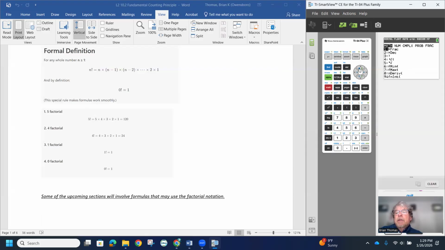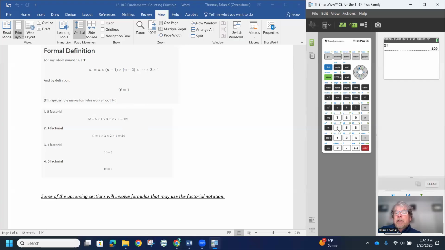So hit the math button, use my directional pad, count over to the probability. Notice how I've got that highlighted now. Now if I drop down to 4, or if I just choose 4, it'll put 5 factorial in, which should give me the 120. So a factorial is a symbol on the calculator.